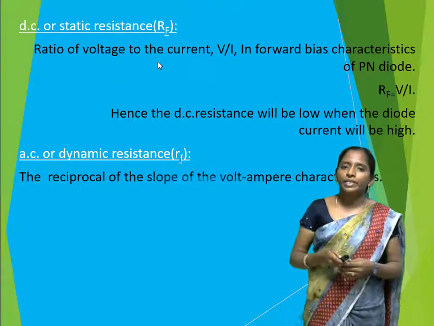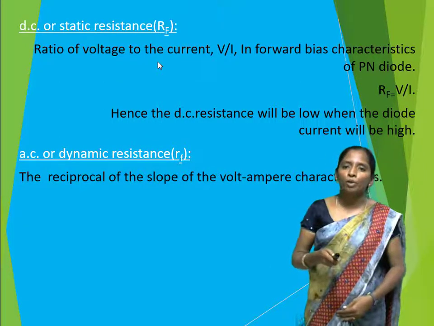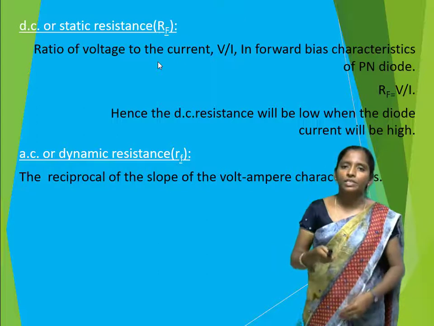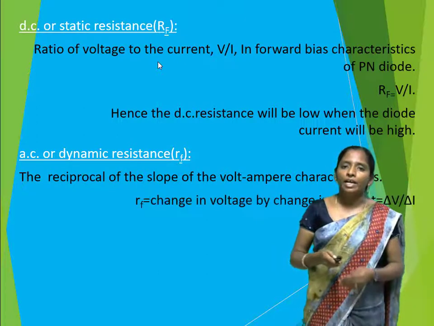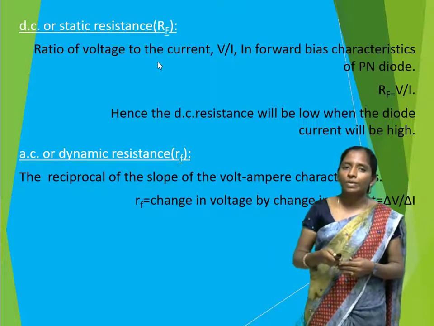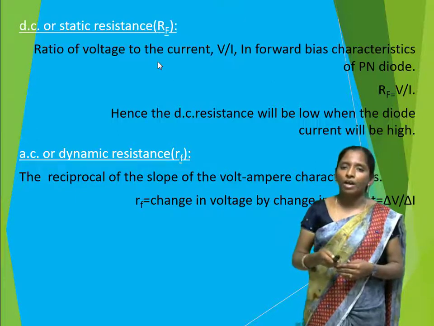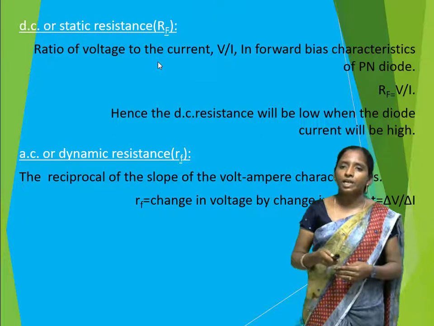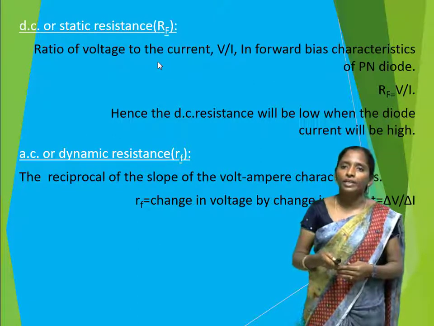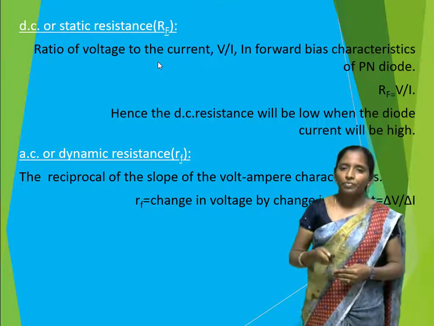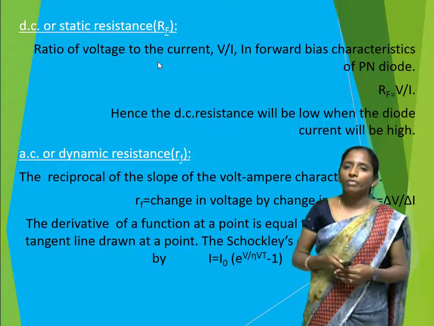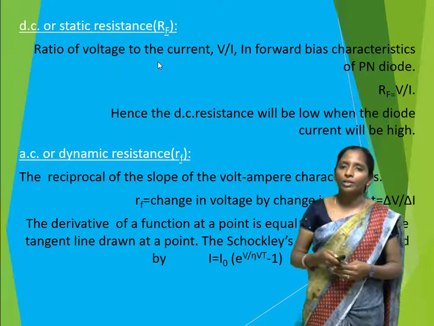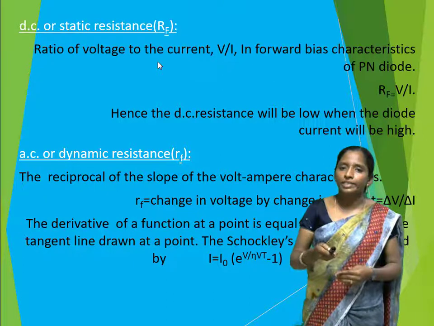AC or dynamic resistance: the reciprocal of the slope of the volt ampere characteristics is known as the AC or dynamic resistance. It is represented with RF, and it is also defined as change in voltage by change in current, that is delta V by delta I. The derivative of the function at a point is equal to the slope of the tangent drawn.